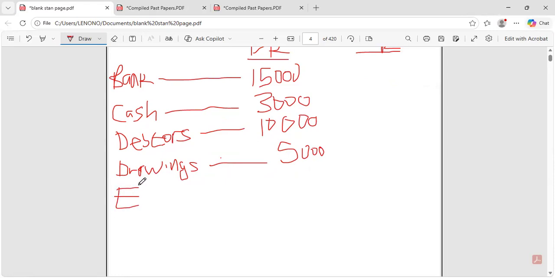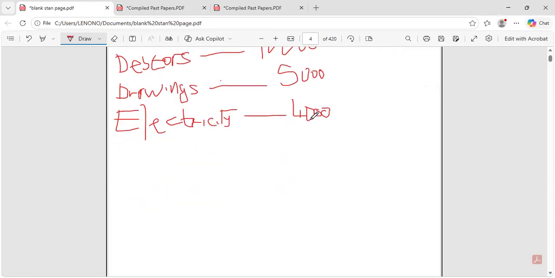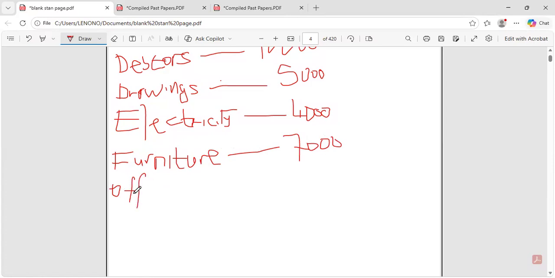Electricity, 4,000. Then we have furniture, 7,000. Then you have office expenses.